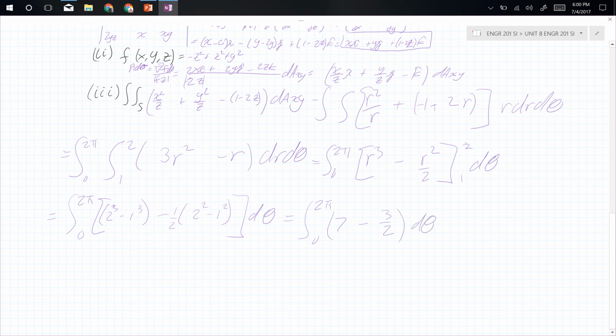So we can find a common denominator here. So it becomes 14 over 2 minus 3 over 2, which is 11 over 2.